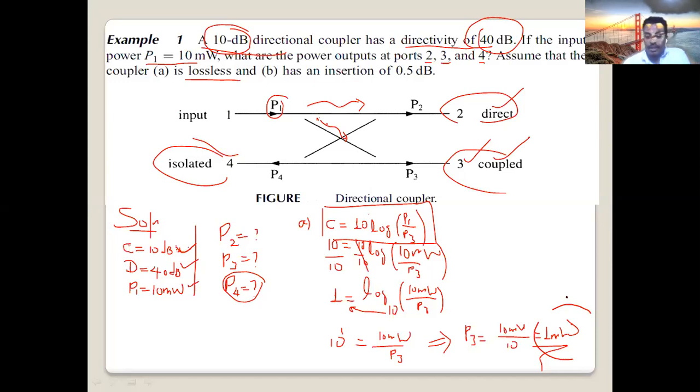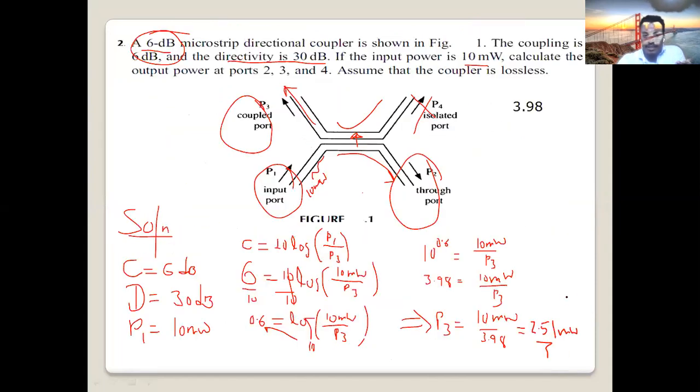Now when you use another coupler with lower C, in the second example C is 6 dB, right? When C becomes low, we get more power sampled. P3 becomes 2.51. In the previous example, we sampled only 1 milliwatt from the signal. But here we decrease C, so we take a 2.51 milliwatt sample.